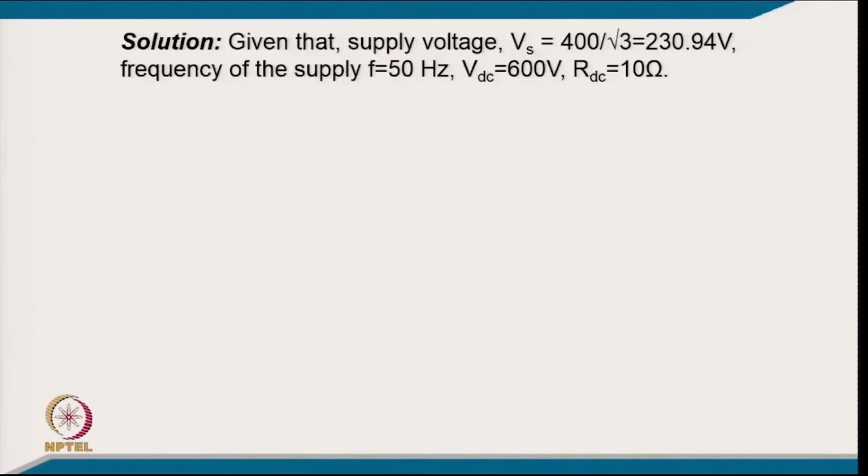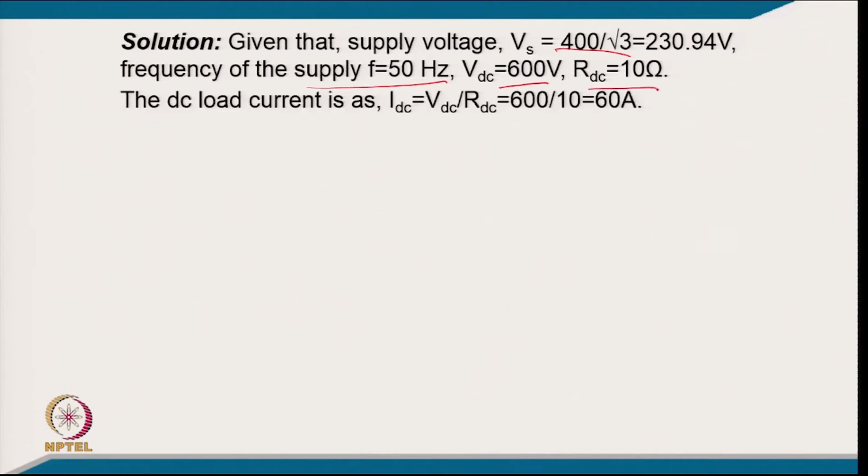So, coming to the solution part with the numerical portion, given that the supply voltage is 400 by root 3, that is 230.94 volt, and the frequency of the supply is 50 hertz, the DC link voltage is VDC equal to 600 volt and the load resistance at the DC link is 10 ohm, and the DC load current IDC is VDC by RDC.